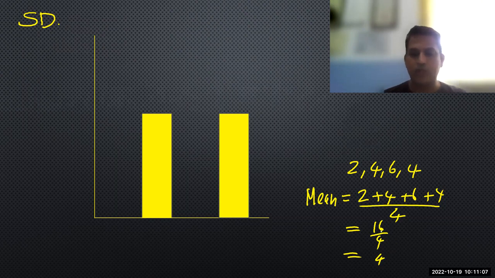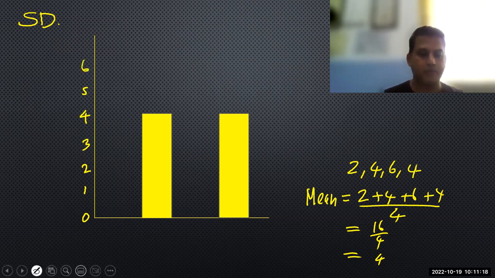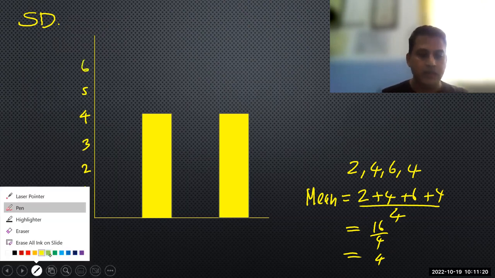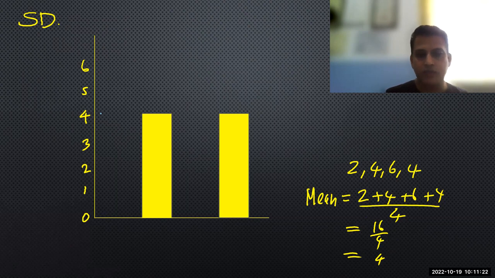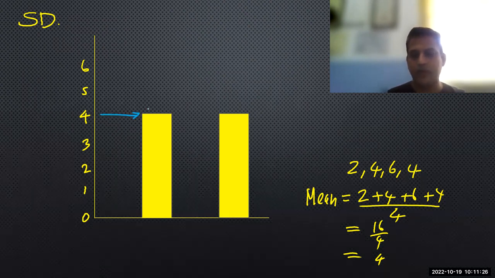Now I'm going to show this mean value on this graph. Here is 0, here is 4, here is 2, 1, 3, 5, 6. If I want to show the mean value, this is the mean value. So I plot the graph based on the mean value.